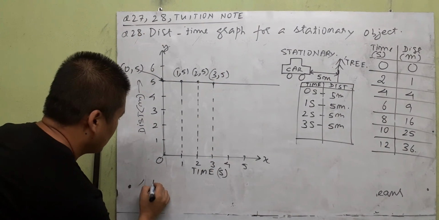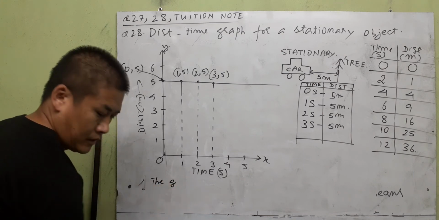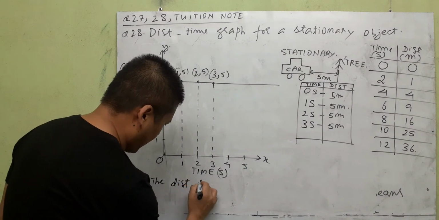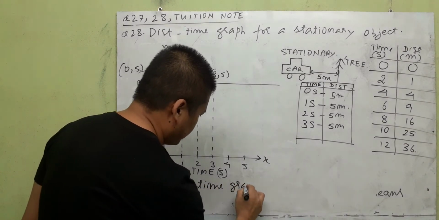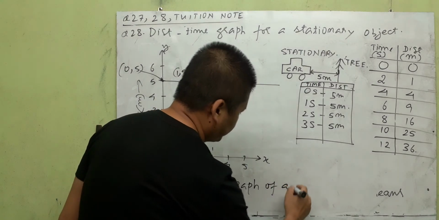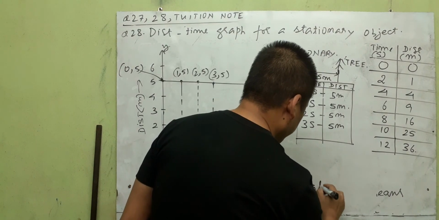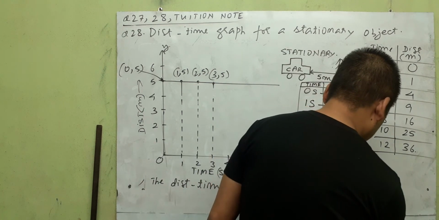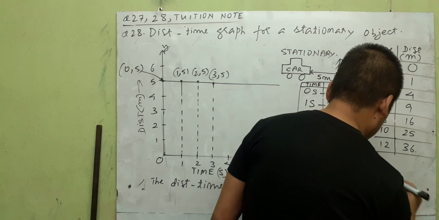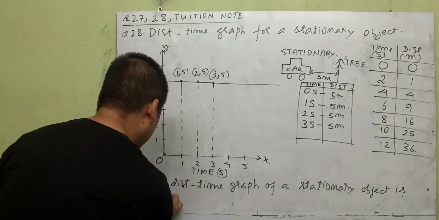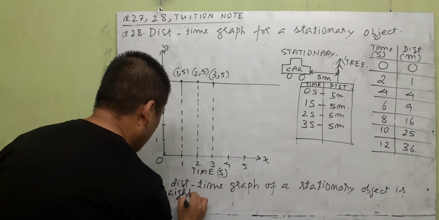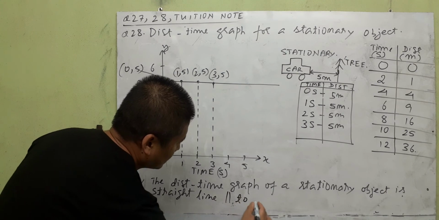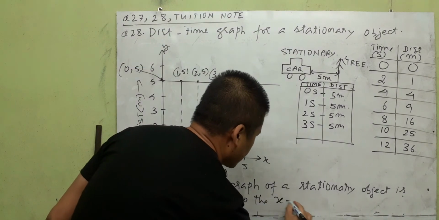So you can write here: the distance-time graph of a stationary object is a straight line parallel to the x-axis.